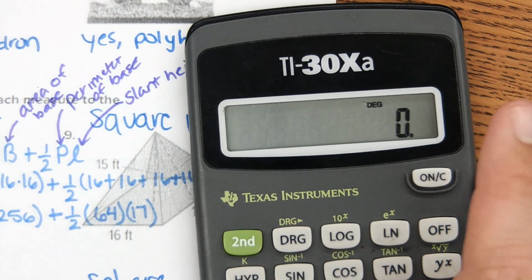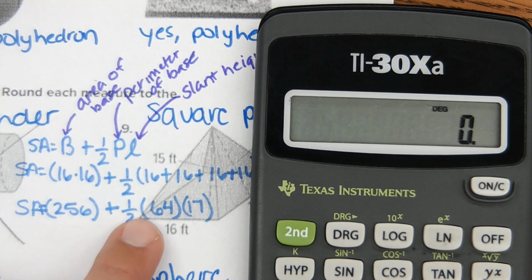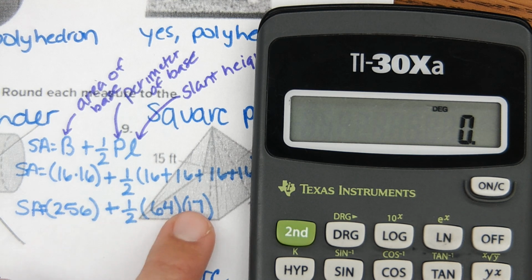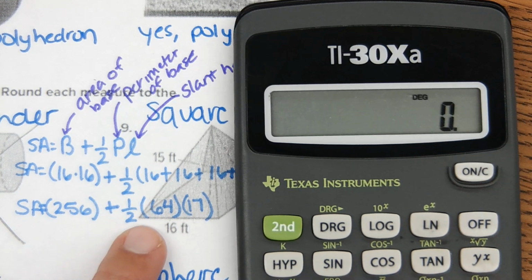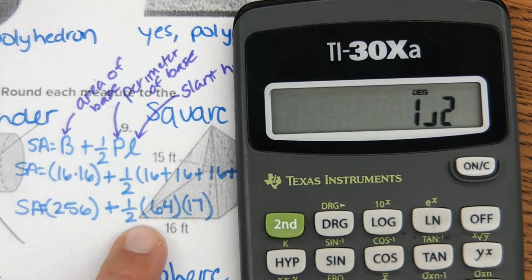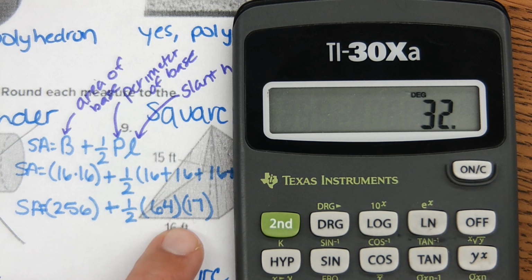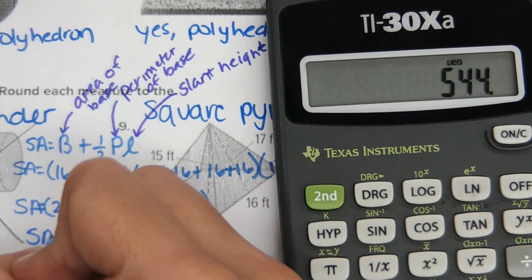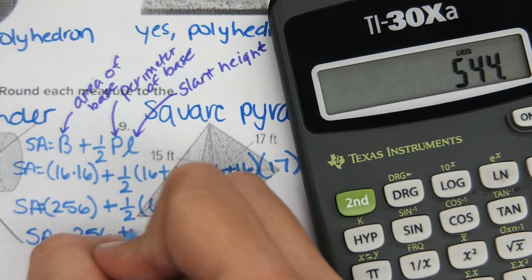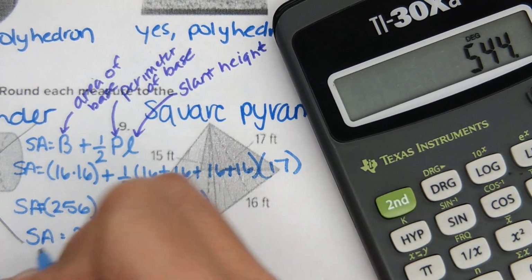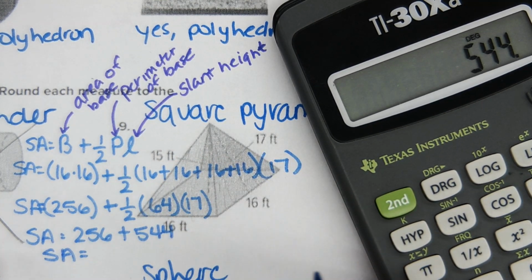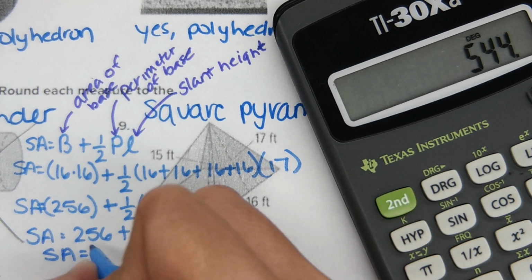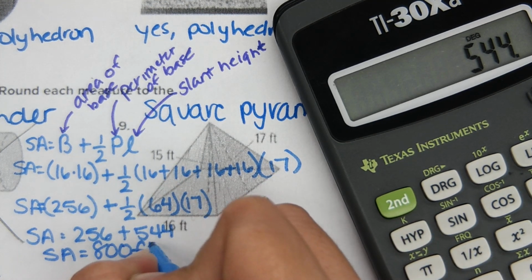And once I have that, I'm going to multiply these together. Remember, I have to do the multiplication before the addition and subtraction because of order of operations. So 1/2 times 64 times 17, I get 544. So surface area equals 256 plus 544. Surface area equals 800 feet squared.